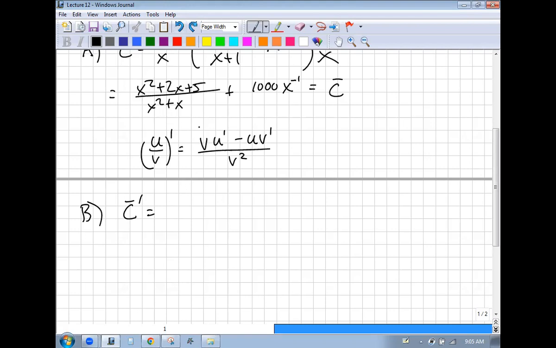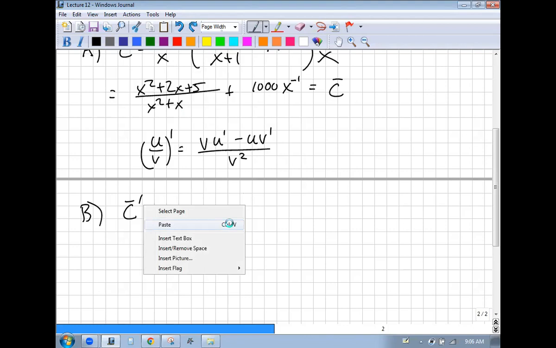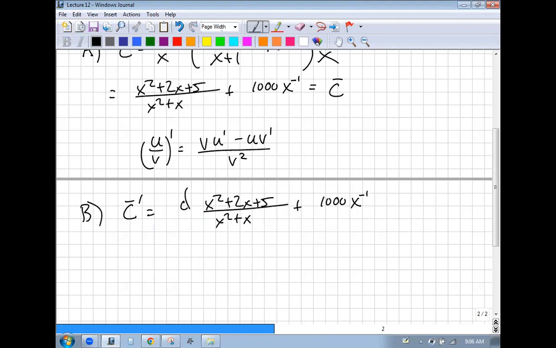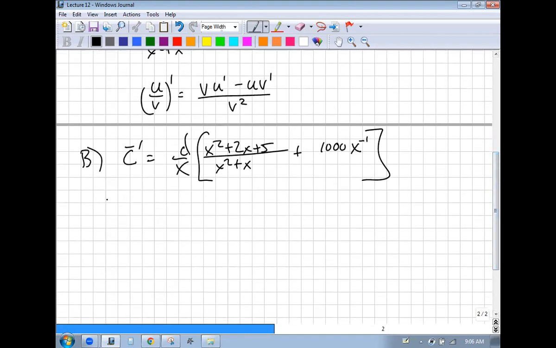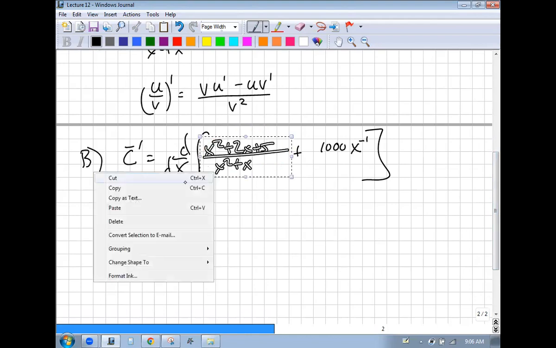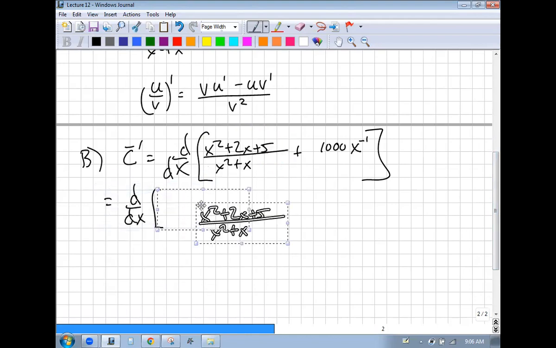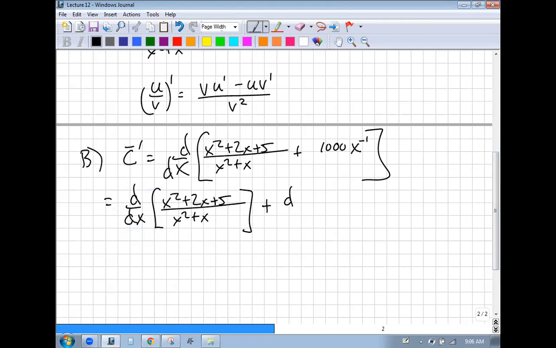So we need to take the derivative of this thing, right? Let's go ahead and write it out. We want the derivative of this whole thing, d/dx. So that would be the derivative of this guy plus the derivative of this guy, right?